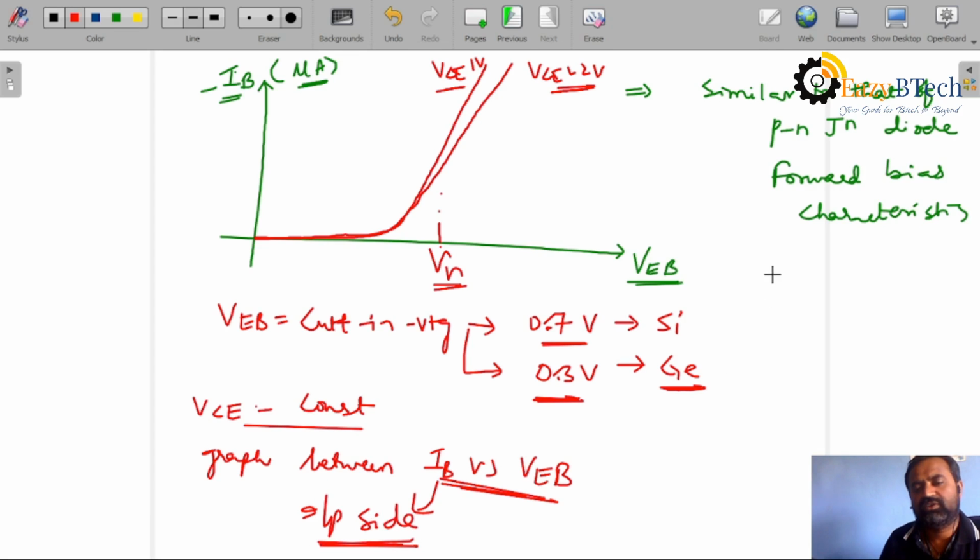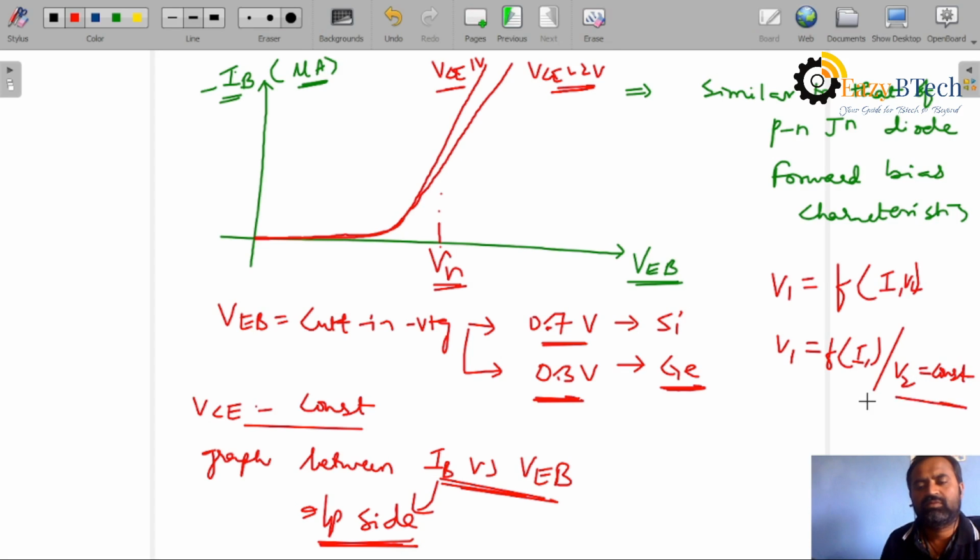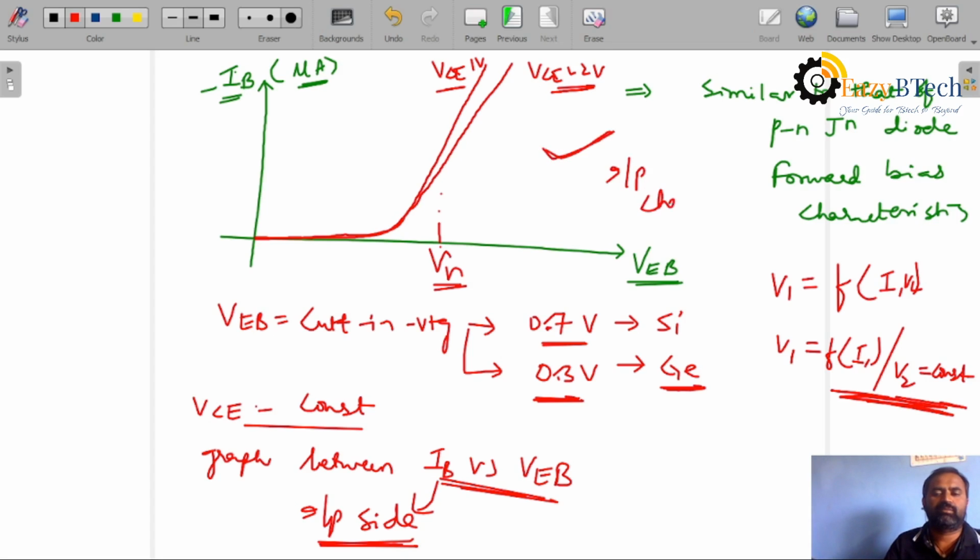That is, V1 is a function of I1, V2 constant. From this we get the input characteristics of the common emitter configuration.